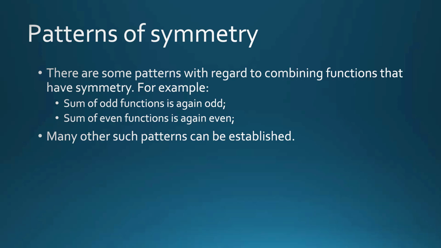And so if you're looking for an example of such patterns, if you take odd functions and you add them together, the result that you get is again odd. Likewise, if you take even functions and you add them together, the result that you get is again even. And there are many other such patterns. And so that's nice to know. It's very easy actually to show. You can establish a lot of different patterns with regard to symmetry.